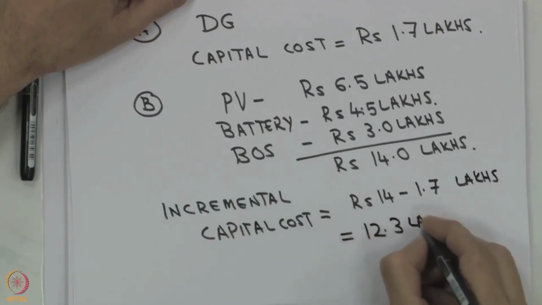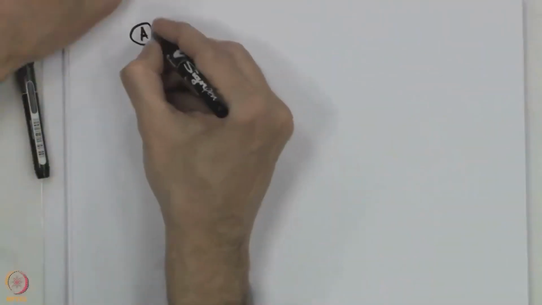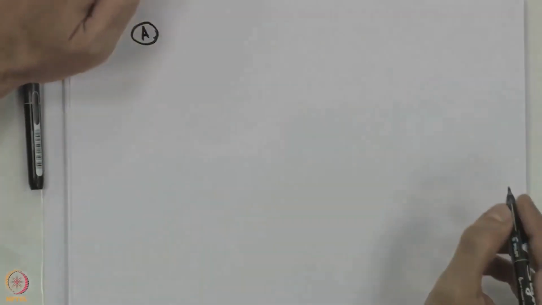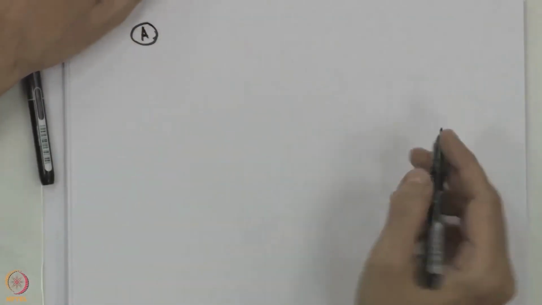Okay. So, keep this in mind, and let us now calculate what is the difference in the annual cost. So, in the case of A, for the DG system, let us first find out for both these cases what is the kind of annual generation.